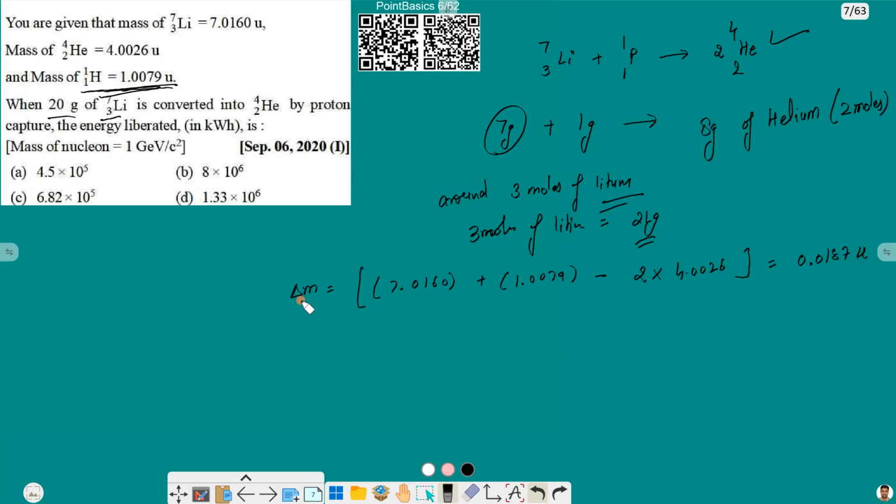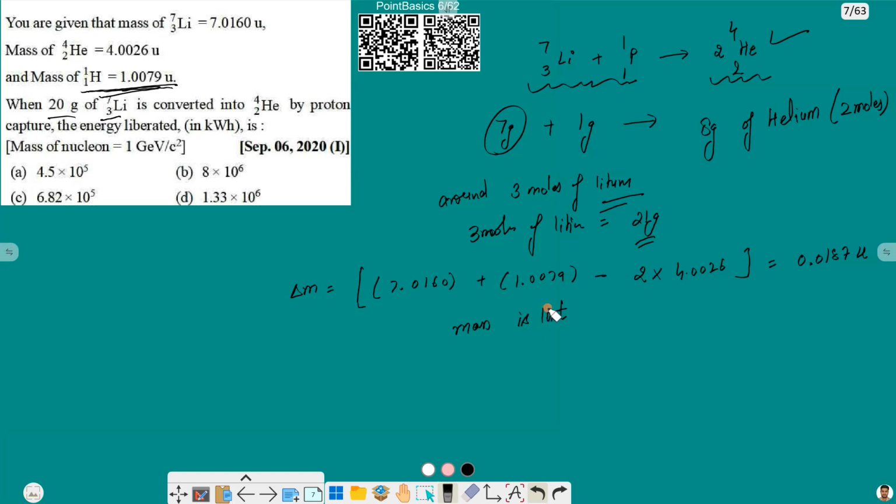So here, as we can see, delta M is positive, meaning the mass of the parent is greater than the mass of daughter nuclei, so mass is lost, and this mass will be lost in the form of energy.